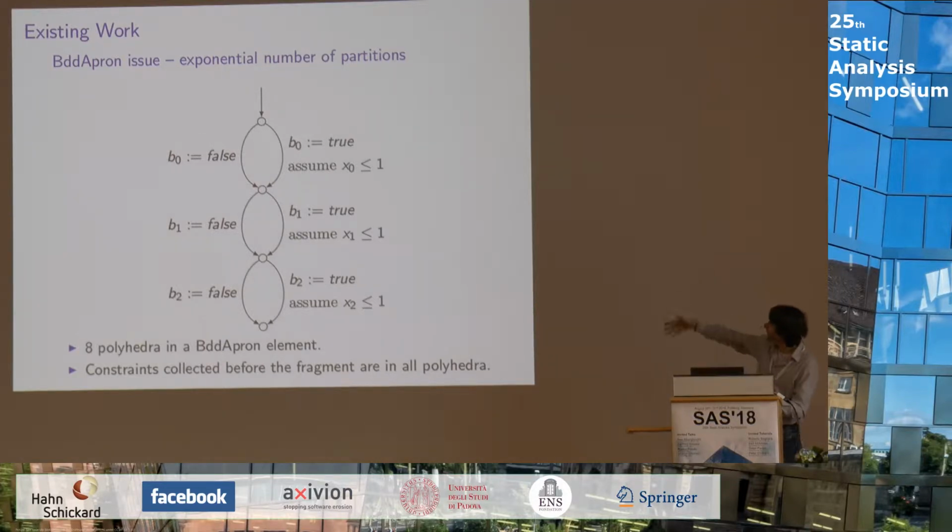So there is this kind of program here: at every step, you take a choice, on one branch you assign false to a variable, on another branch you assign true to a variable, and you do a slightly different thing on the two branches. In this case, when you try to analyze this, you get 8 polyhedra in the end, in the element.